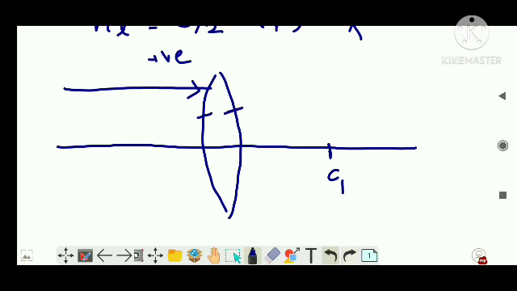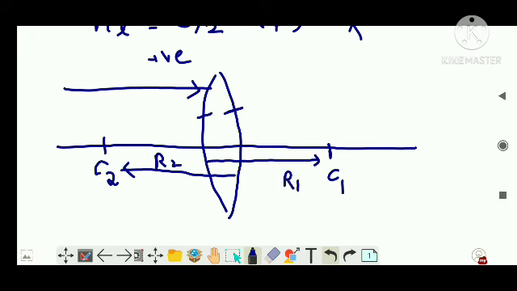Now let's say this is the second surface, and its center of curvature is C2, so this distance will be R2. This is R1. Now, R2 is in the opposite direction to that of the incident ray.